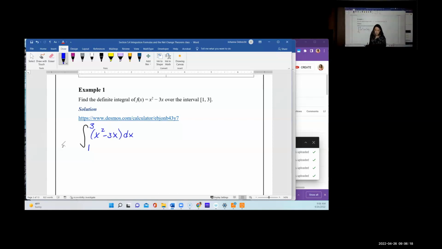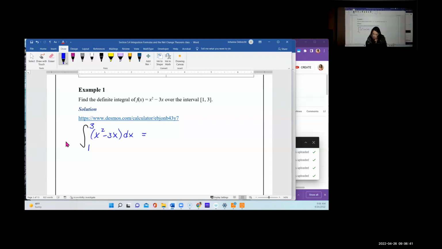Remember, you start just like you're doing an antiderivative. You find the antiderivative of each term individually, and then evaluate it at the upper limit of integration minus evaluating it at the lower limit of integration. That's the fundamental theorem of calculus part 2.